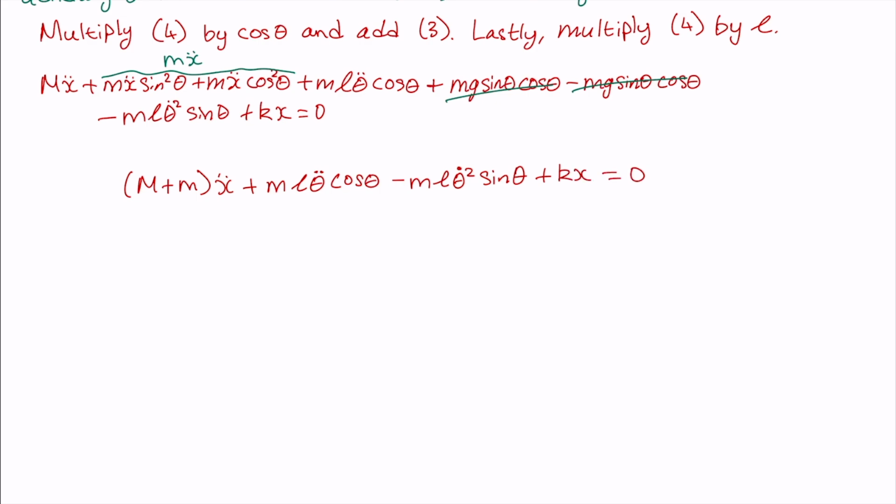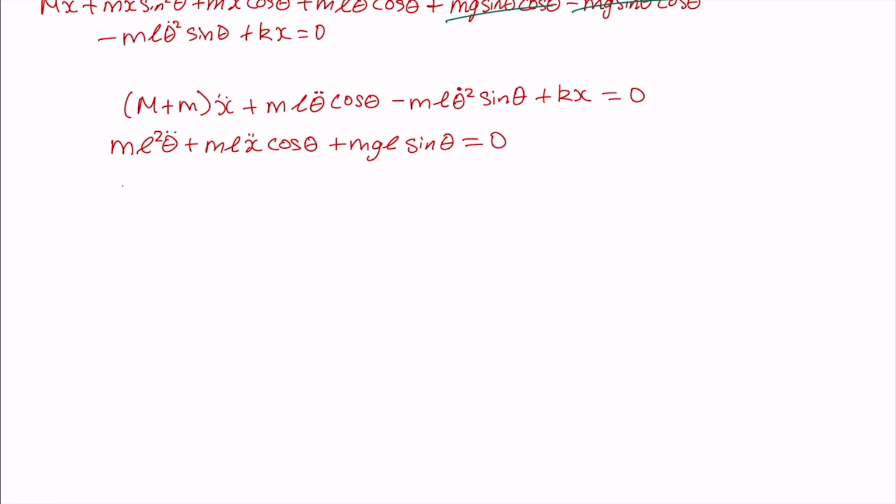For our equation of motion for theta, we have to multiply by L. We get mL squared theta double dot plus mL x double dot cosine theta plus mgl sine theta is equal to 0.